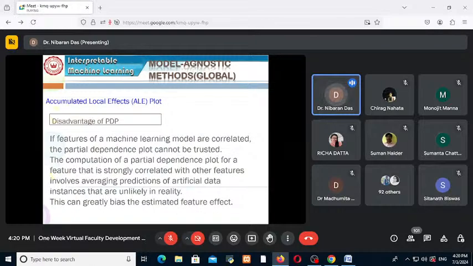Now, the accumulated local effect plot. As I mentioned, a disadvantage of the partial dependency plot is that when there is a correlation, it cannot be trusted at all. Computation of the partial dependence for a feature that is strongly correlated with other features involves varying predictions on artificial data instances that are unlikely in reality. This can greatly bias the estimated feature effect. So how could we remove this?